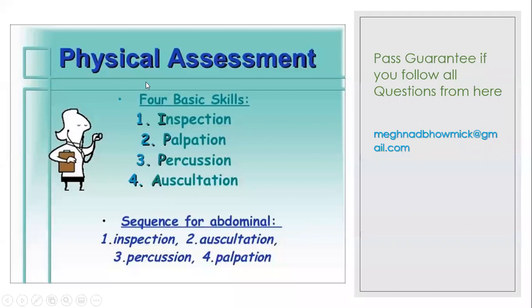Basically, during physical assessment, the sequence for the abdomen is not the same as for other systems. For example, when assessing the integumentary system, the skin, or lungs: first of all inspection, palpation, percussion, and auscultation. In the case of the abdomen, the sequence should be inspect first, second auscultate, third percussion, and palpate.